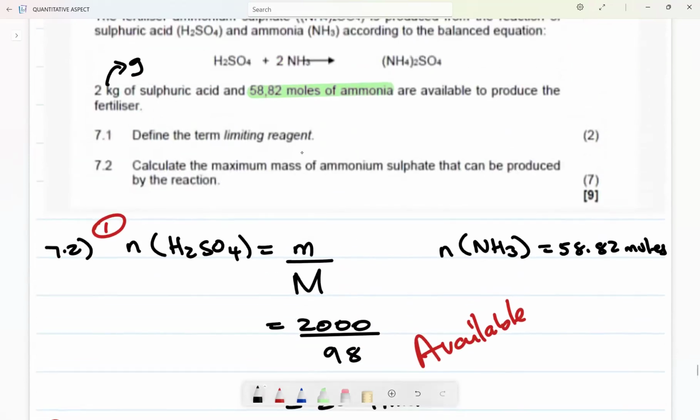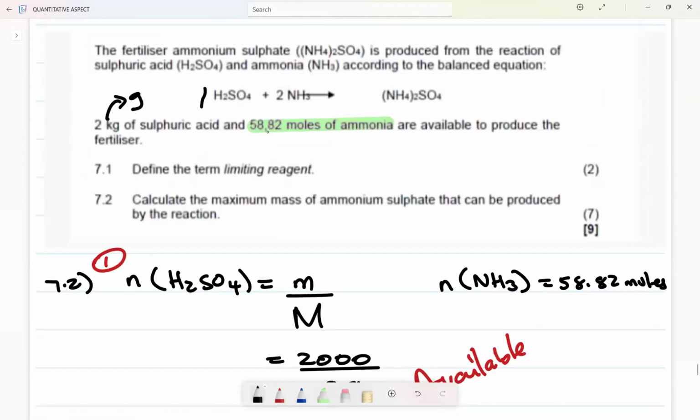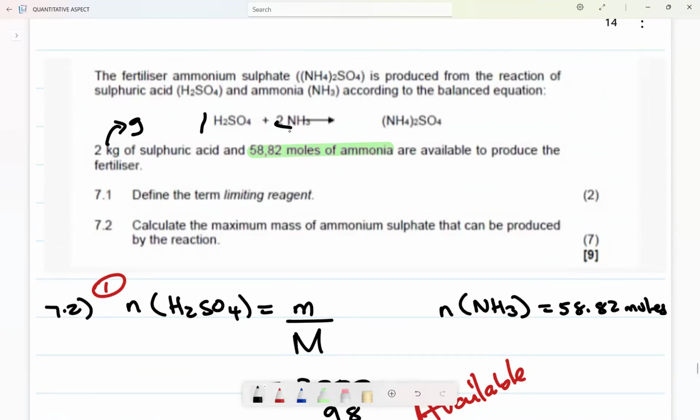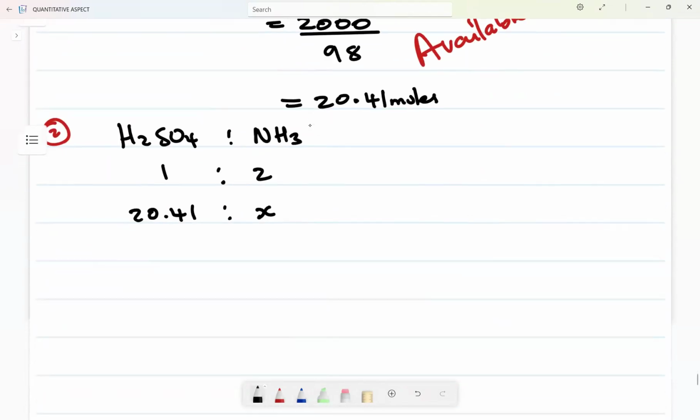What is the mole ratio? For H2SO4, it is 1 here. Can you see? And NH3 is 2. It is 2 here. So I'm going to use the H2SO4, which is 20.41, and now want to see how much NH3 I need.